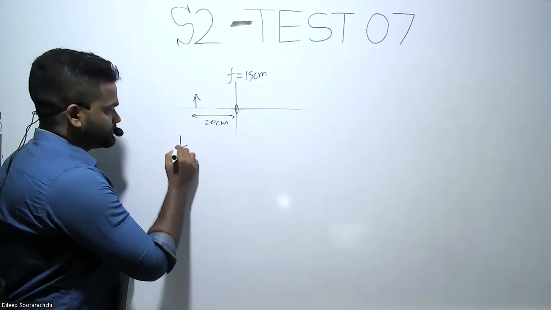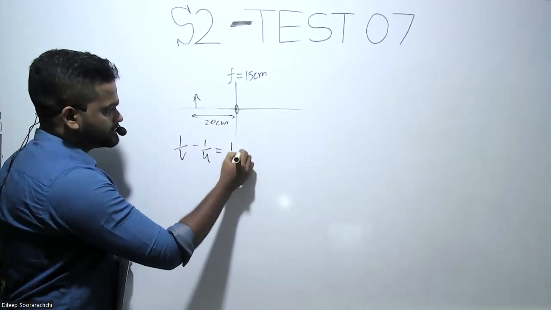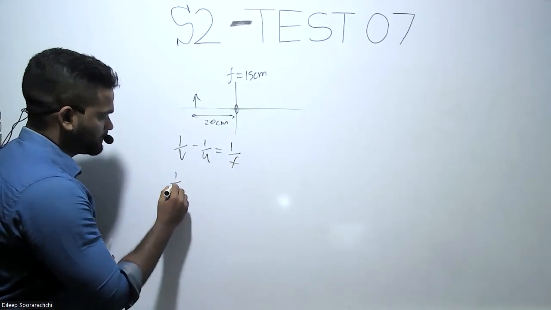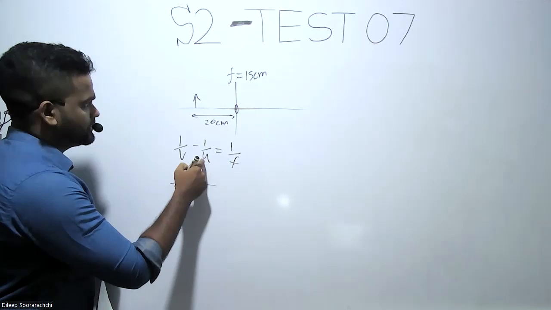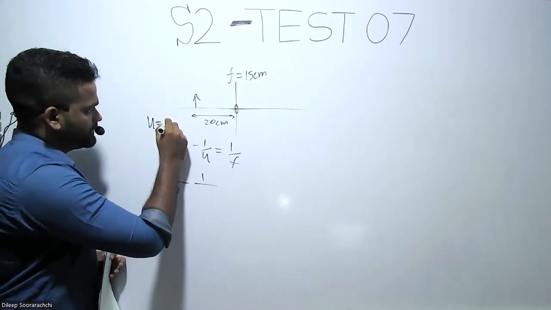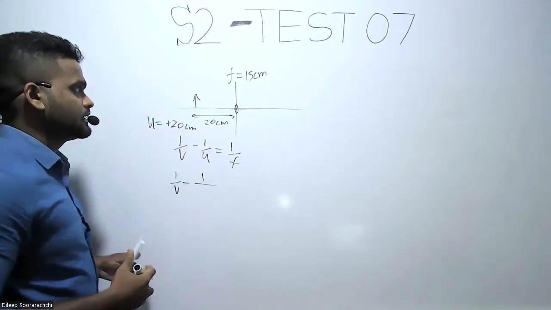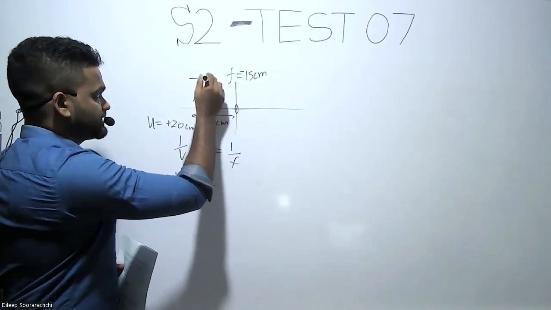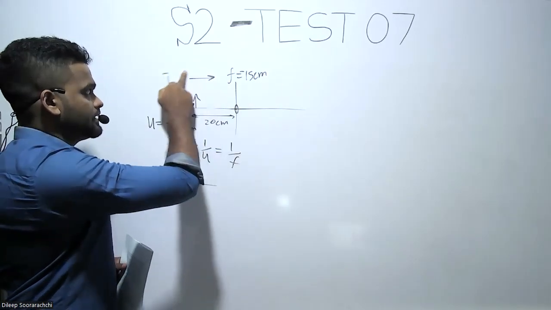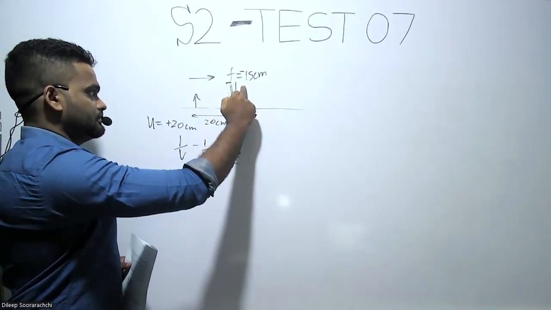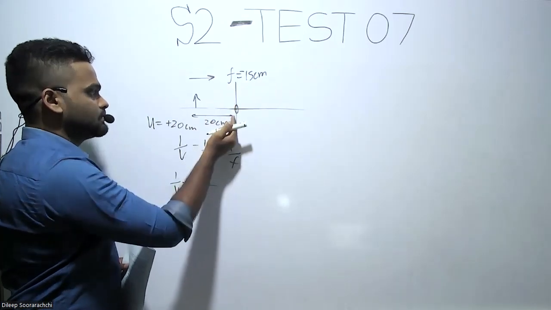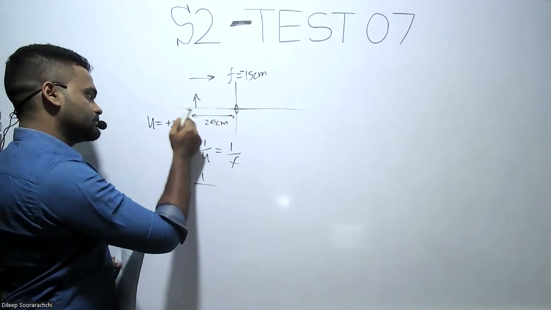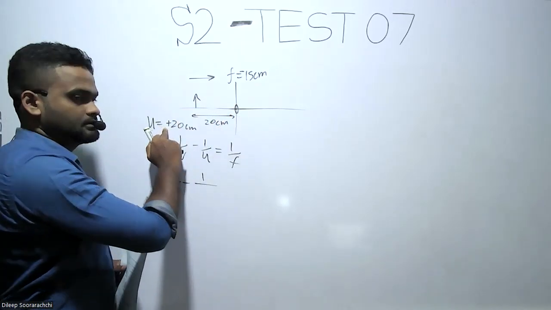So first, we have to find v. We'll use the lens equation. So here u is equal to plus 20, because this is the direction of light. Any measurement in the direction of light is negative, but this measurement is to the opposite side, so that should be a plus value.